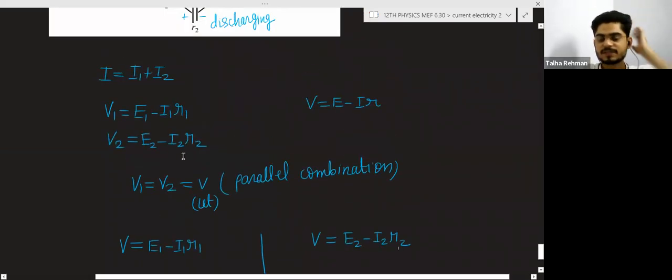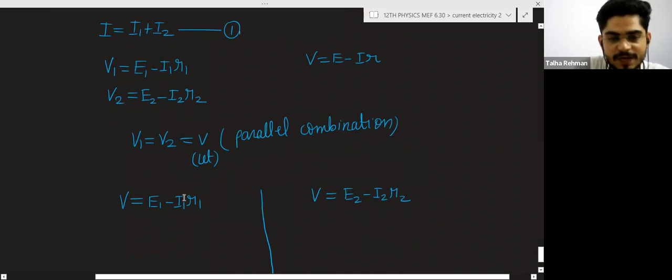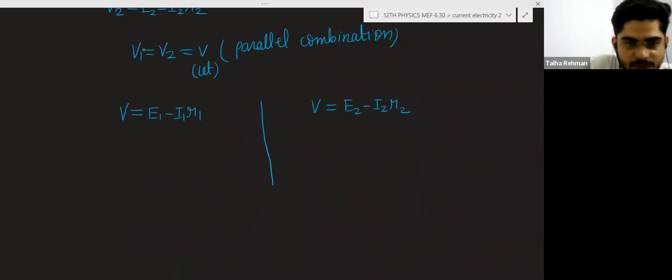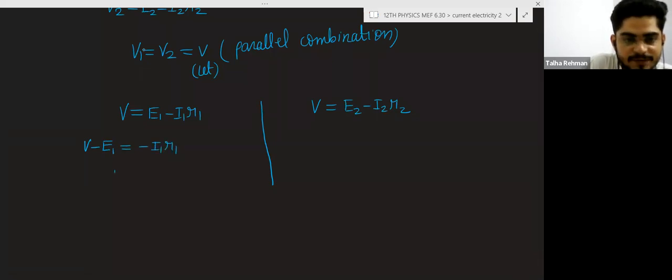Now this question has some calculation, so I am telling you how you will solve it. We have this equation number 1. We will calculate the value of I1 from this equation and I2 from this equation, and put them here. So for I1, V minus E1 becomes minus I1 into R1, so I1 is E1 minus V divided by R1.